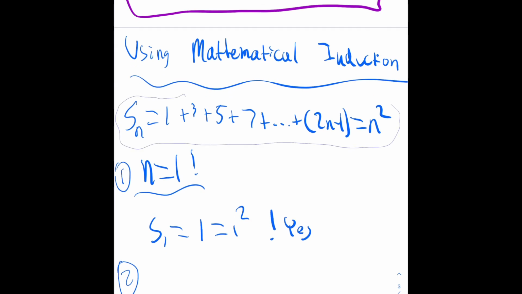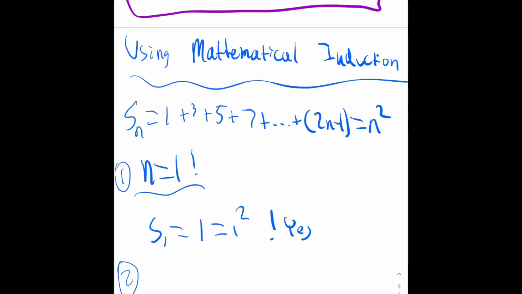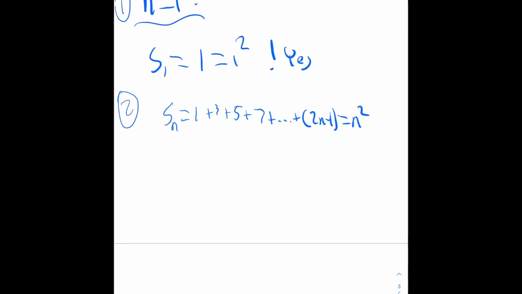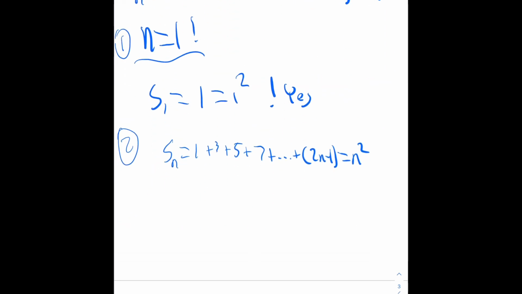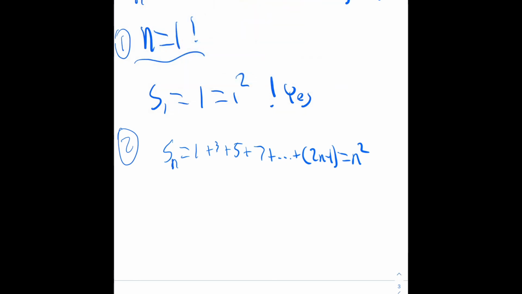So we're assuming that this is true right here. Assuming that this is true, I'm just going to copy it. Now we have to show that... oh, and it's a goofy thing, but when we talk about it, it says S sub n, and then when we start to prove it, we switch over to k's.